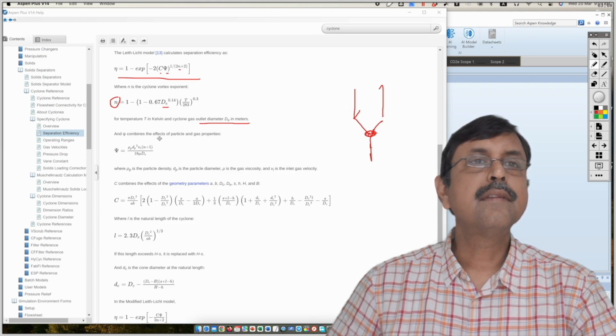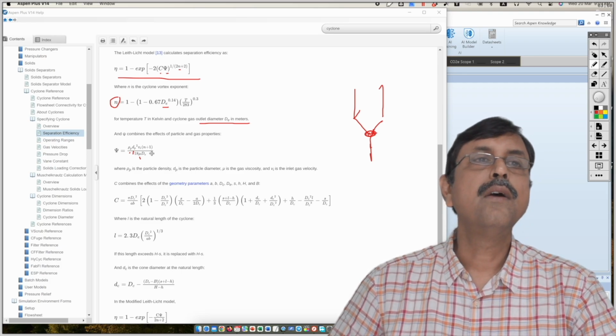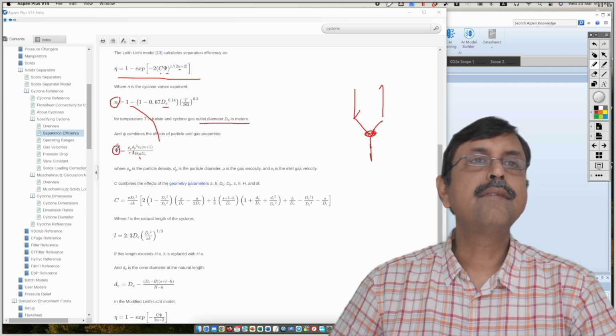Phi is the combined effect of particle and gas properties. You will find the particle density, particle diameter, viscosity, Vi is the gas velocity. Okay. And n you find from here. So phi is calculated.